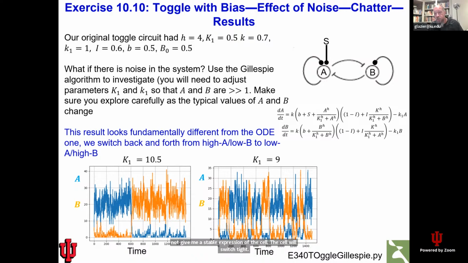And the time scale over which it switches, well, we have to think about what the time scale means. But you find that the time scale over which it switches is not long. The time scale over which it switches is biologically meaningful. And so what this is telling us is that this circuit by itself cannot lead to stable differentiation of a cell type.